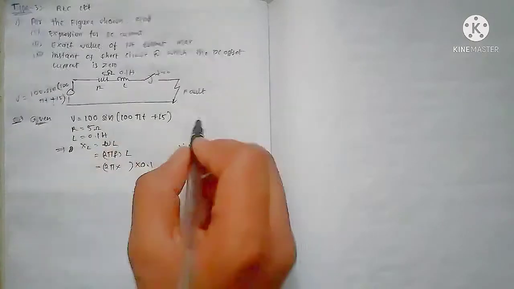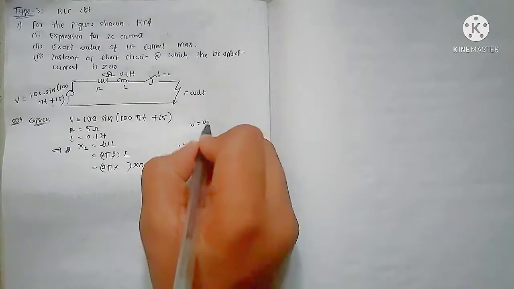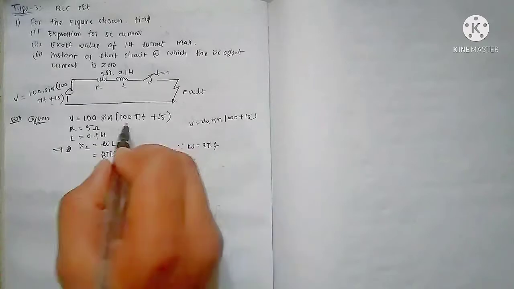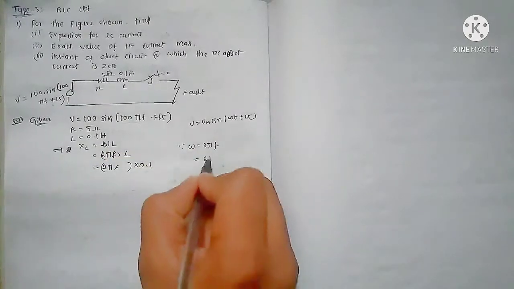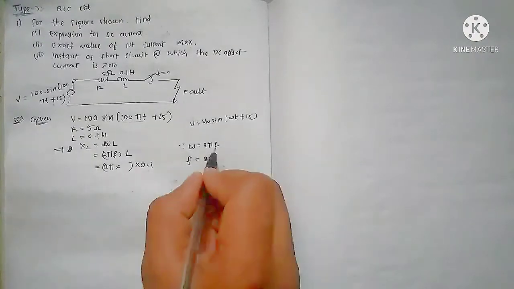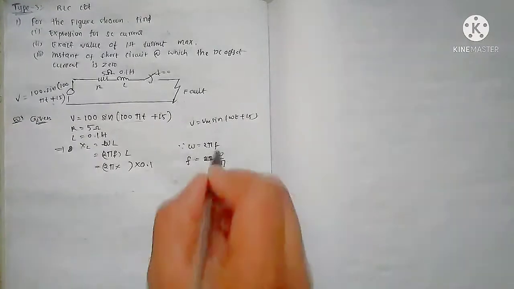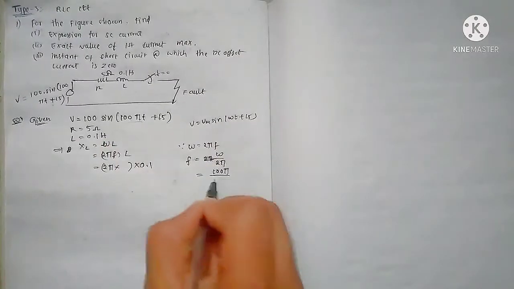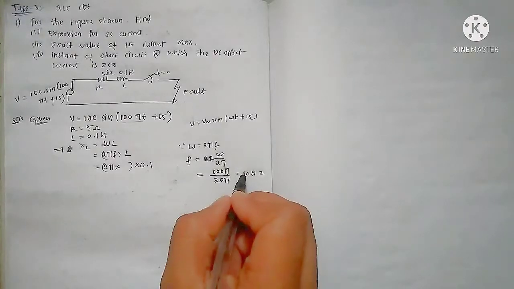Compare this equation with v equal to Vm sine(omega t plus 15), where omega is equal to 100 pi. We need to find the frequency, therefore f is omega divided by 2 pi, which is 100 pi divided by 2 pi, and we get 50 hertz.